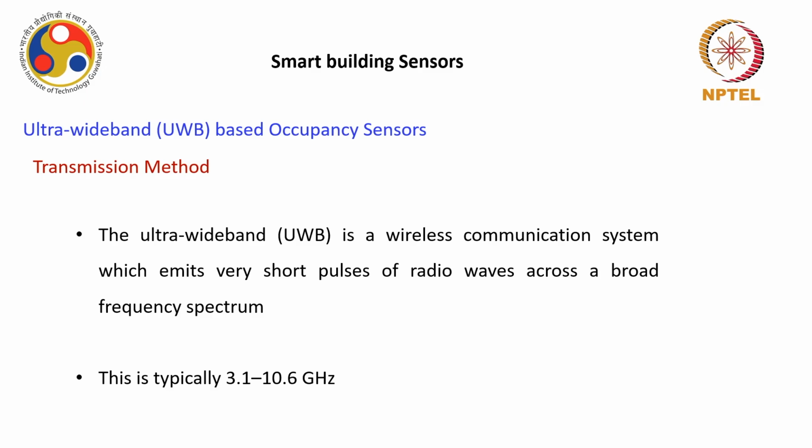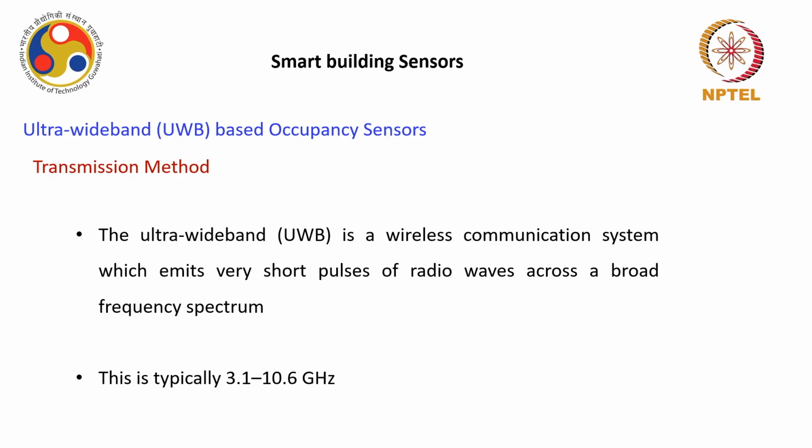Why am I saying the broad frequency spectrum? Because we have seen that for Wi-Fi and Bluetooth, the spectrum is not that wide. However, here the spectrum is really huge. It's from around 3.1 gigahertz to around 10.6 gigahertz. And that's why I have mentioned that across a broad frequency spectrum.